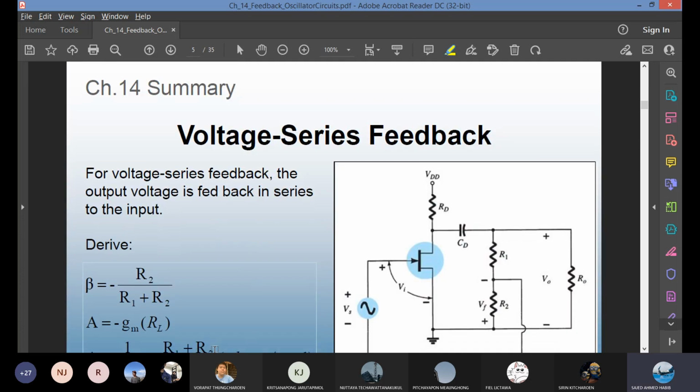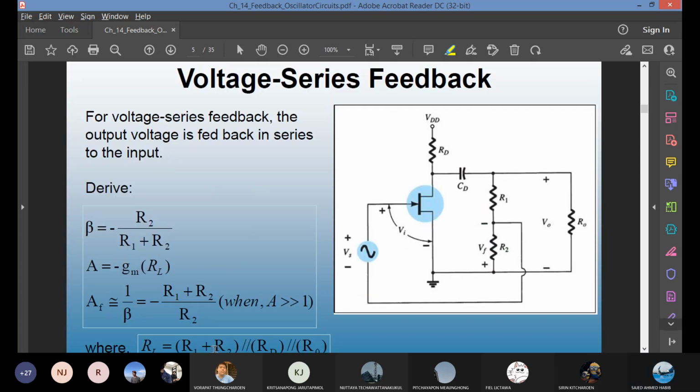And we have a voltage series feedback. In this voltage series feedback using JFET, beta is minus R2 over R1 plus R2. I think this is in the formula sheet already. Open loop gain without feedback is minus gm RL.